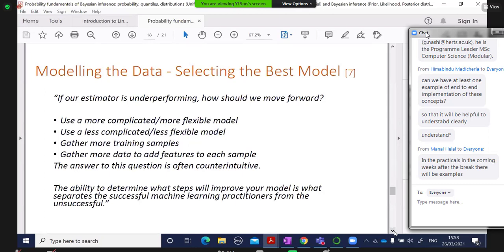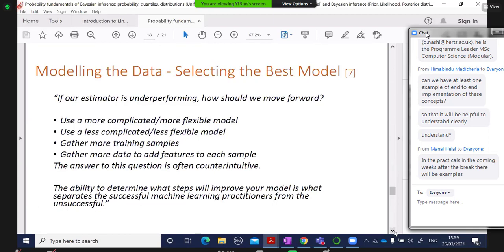So, if our predictions or models are underperforming, what can we do? There are many things you can do, depending on whether it is overfitting or underfitting. If underfitting, you may consider adding more features to the data set or obtaining more data.